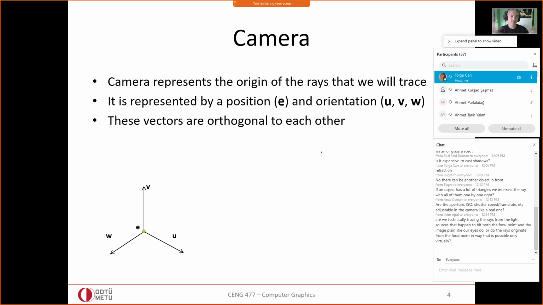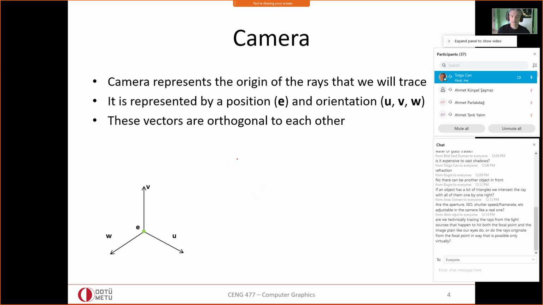So they are in reverse order. Ray tracing is something we do virtually, and we are free to do that. We will start our rays as if the focal point is the light source, but actually we will be tracing towards the light source. The rays will be originating from the focal point, and it's only possible virtually.